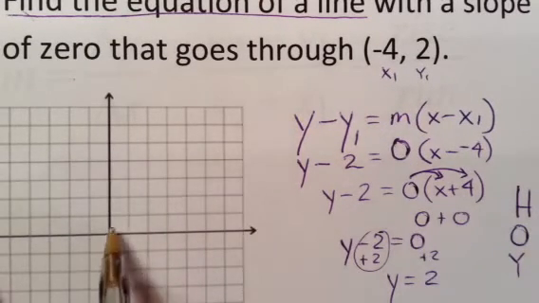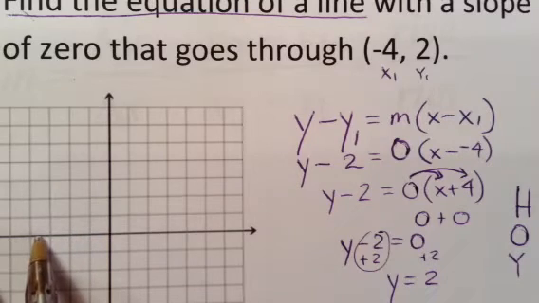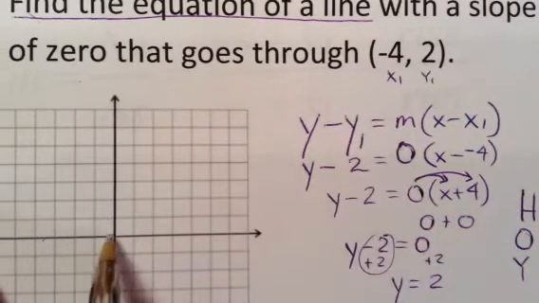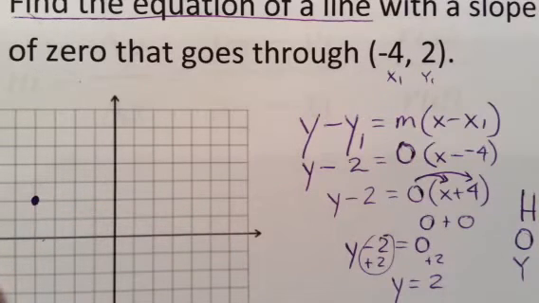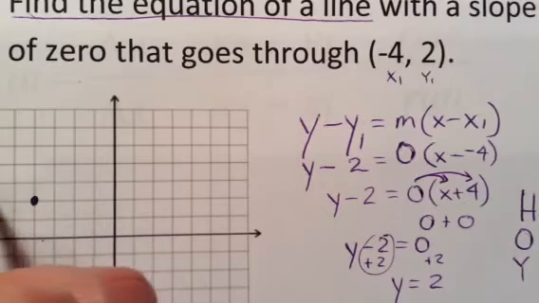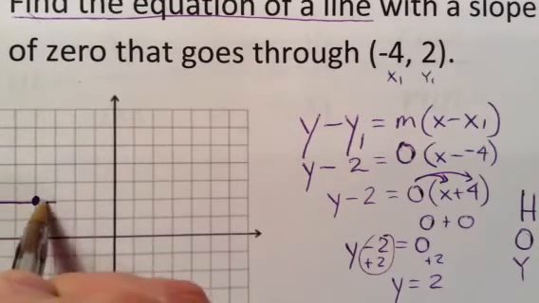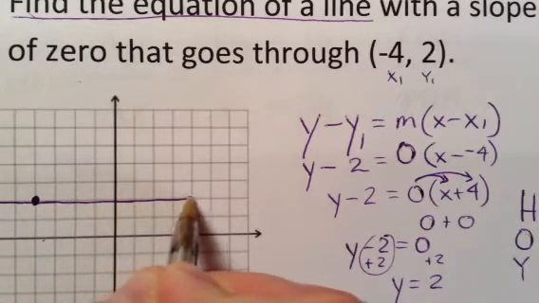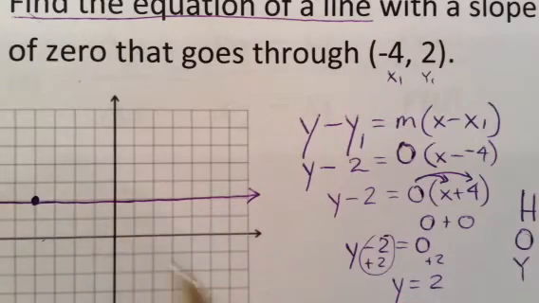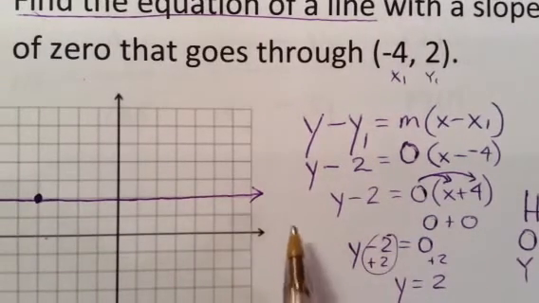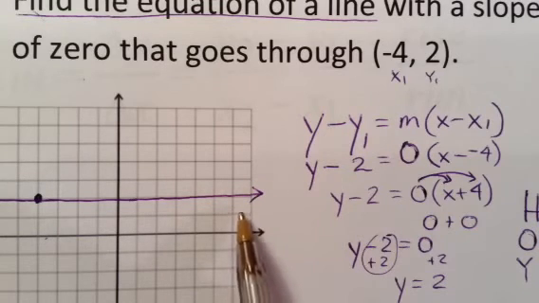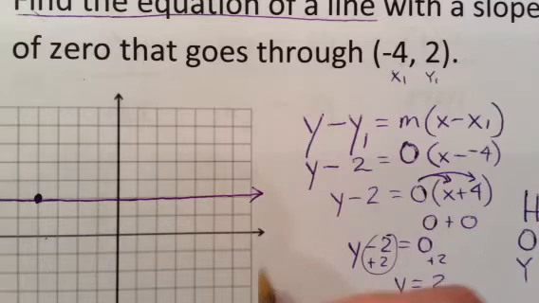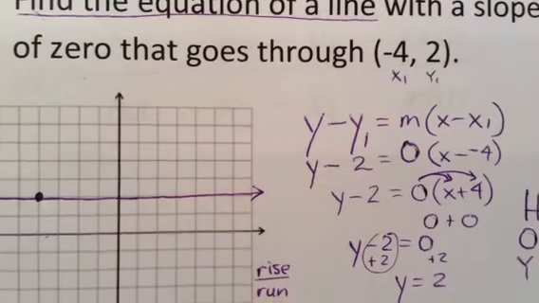So if I come over here and I look at the point negative 4, 2, that's right here. The slope of 0 means that I do not have a rise. Remember back when we talked about rise over run and where is 0 acceptable and where is it not?